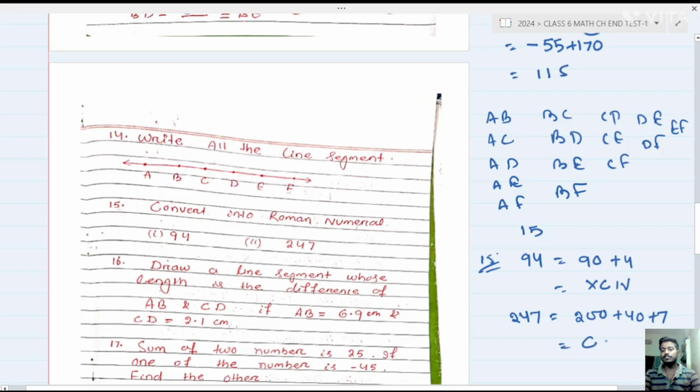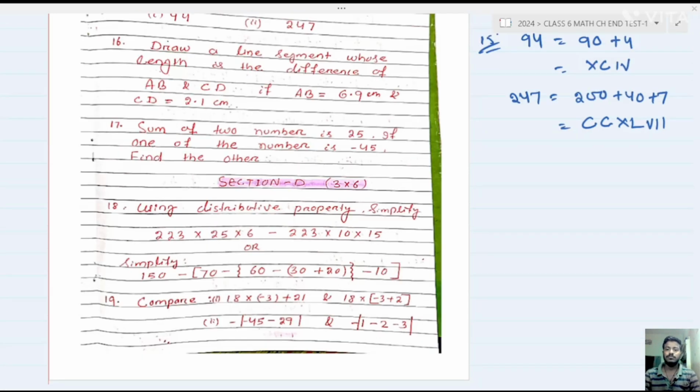So 200 means double C, 40 XL, 7 means VII. So we can write here, that is CC, XL, VII. The first one is XC, IV. Now next question, that is question number 16.